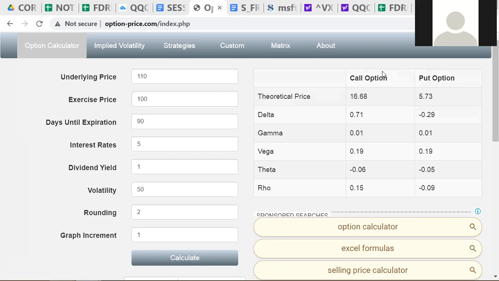So we would refer to it as the 90-day 100 call, because we just use the exercise price. If I'm saying 90-day 100 call, it means that 100 is referring to the exercise price. That's how we refer to options. So my question is, what is the time value of the 100 call that you're looking at here?